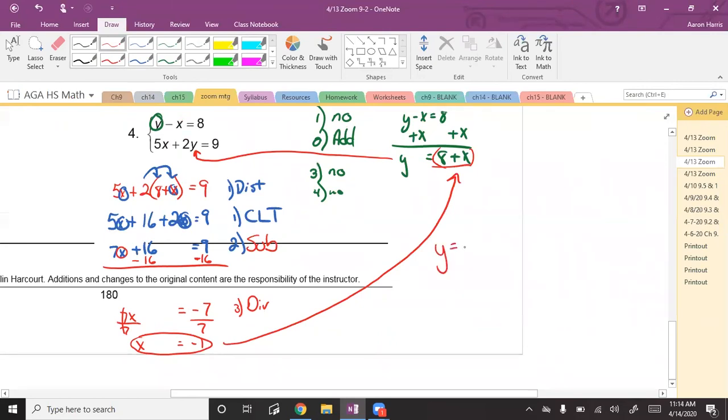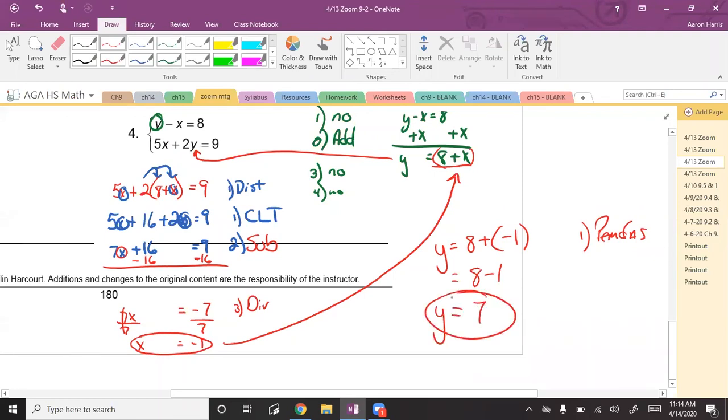So y equals 8 plus, and instead of putting the x, I'm going to put what? -1. Step 1, PEMDAS. All I'm going to do is add and subtract. So positive and negative is a negative. So that really says 8 minus 1, y equals 7.